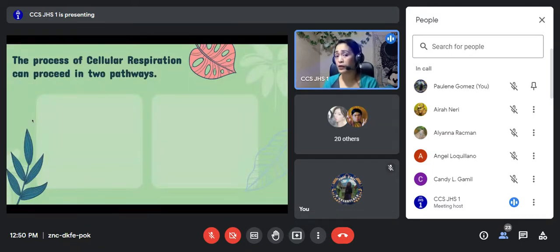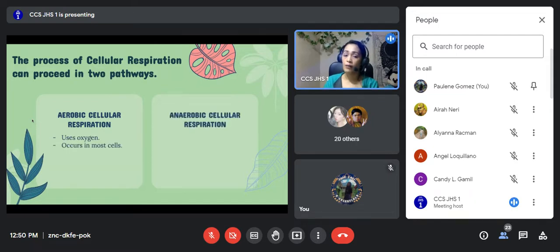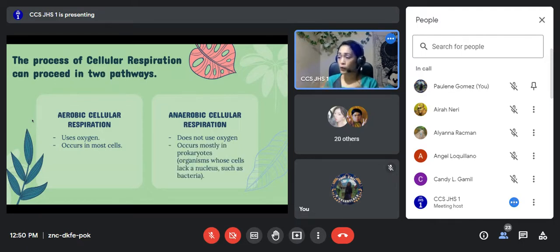For cellular respiration, there are actually two possible pathways. We have aerobic cellular respiration, and then we have anaerobic cellular respiration. What's the major difference between the two? Number one is that aerobic respiration uses oxygen, while the other one does not use oxygen in the production of ATP.